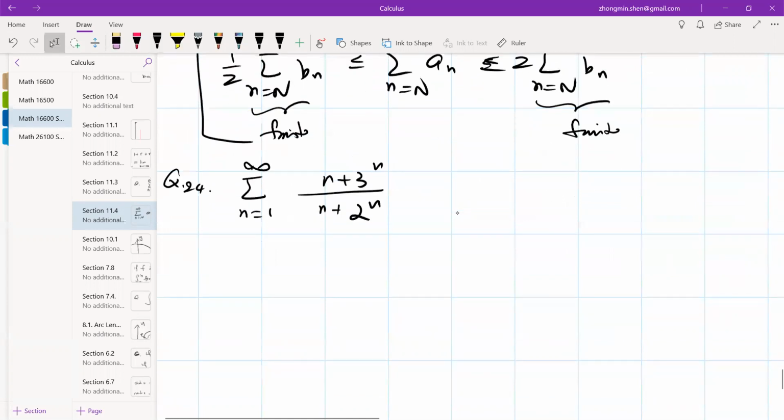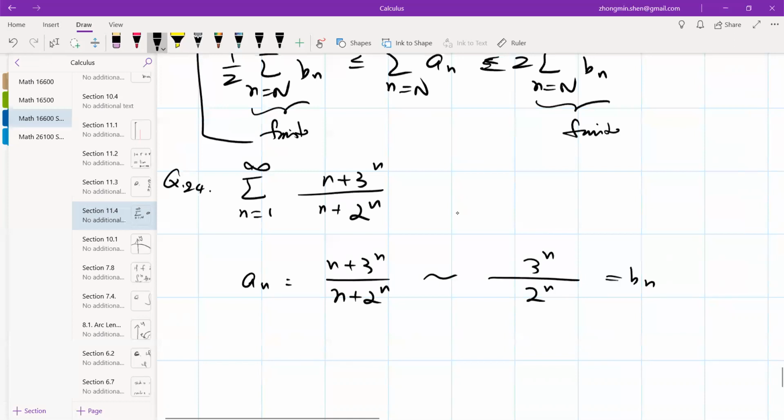First of all, you see n compared to 3 to the n is nothing. So this can be ignored, okay? So this is n plus 3 to the n plus 2 to the n. This can be ignored, it's 0, okay? And that's your b_n. You can quickly get that.